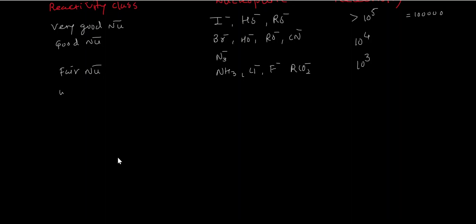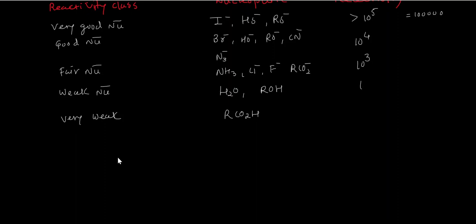Some nucleophiles are weak nucleophiles, and most of the time these are neutral molecules, like the water molecule and alcohol. Very weak nucleophiles are, for example, carboxylic acid.